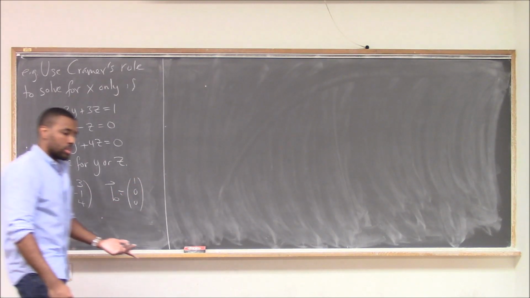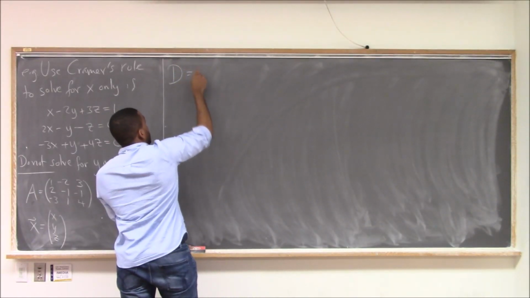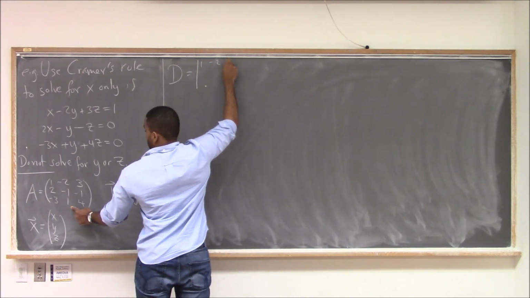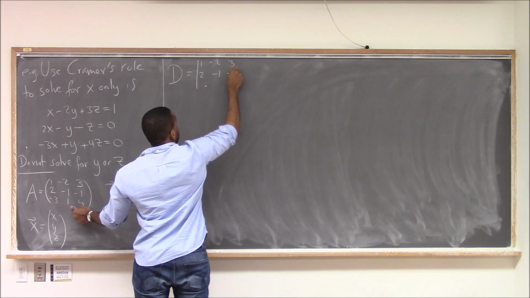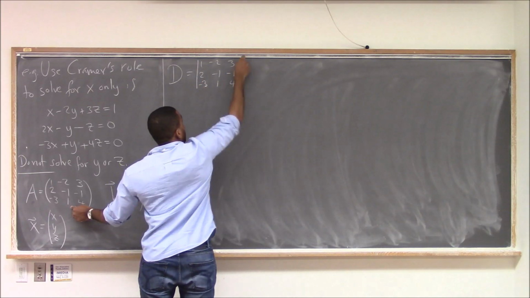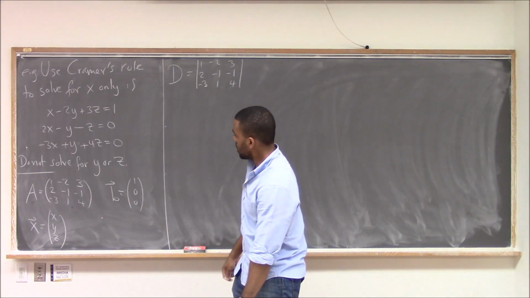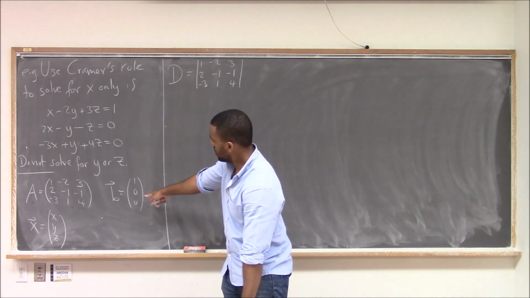Now, according to the definitions in Cramer's rule, we have D as the determinant of A. Wouldn't B be negative 1, 0, 0? For B? No, it's 1.